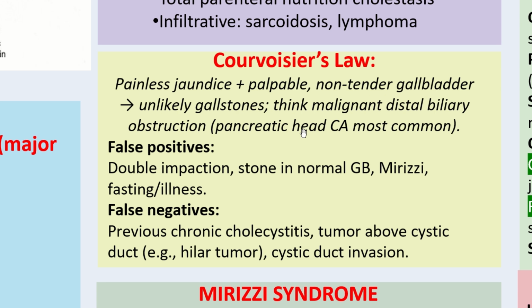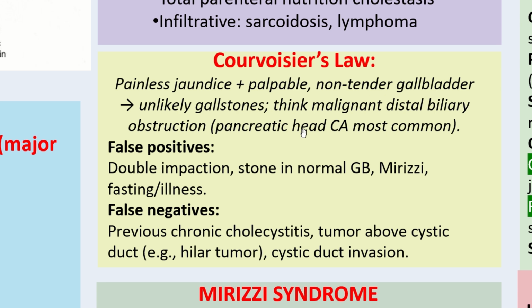But sometimes you can have what we call false positives and false negatives, or the exceptions of Courvoisier's law. When you have a double impaction, for example, a stone in the gallbladder, a stone blocking the cystic duct and another stone blocking the common bile duct, we're going to have a cholestasis whereby the gallbladder is going to be palpable, and you're also going to have jaundice.